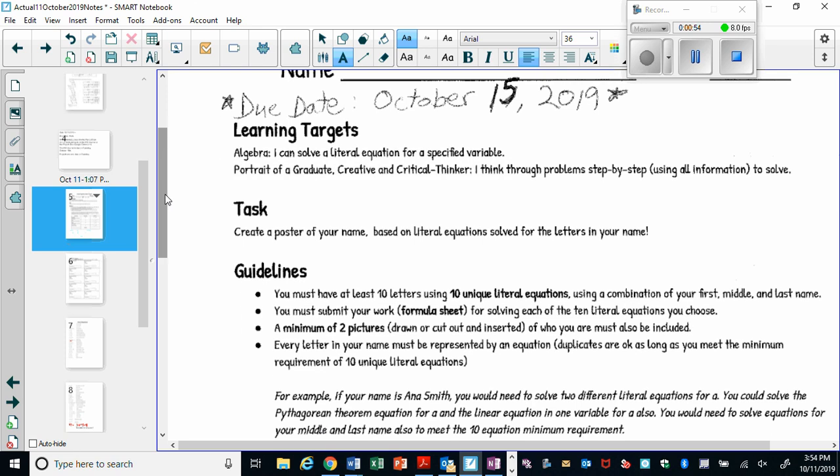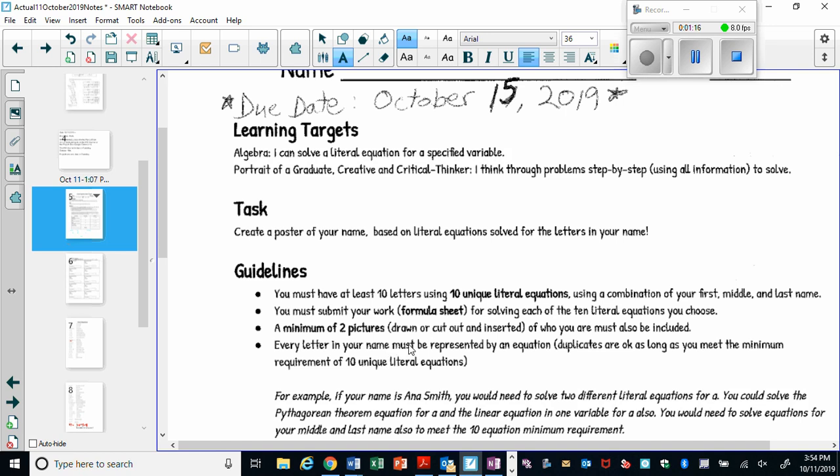Guidelines. You must have at least 10 letters using 10 unique literal equations, using a combination of first, middle, and last name. You must submit your work formula sheet for solving each of the 10 literal equations you choose. A minimum of 2 pictures drawn or cut out must be included.